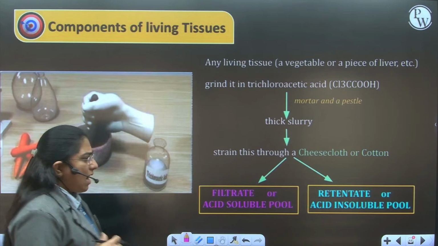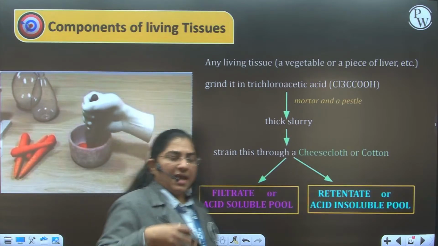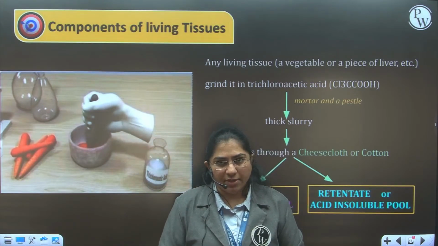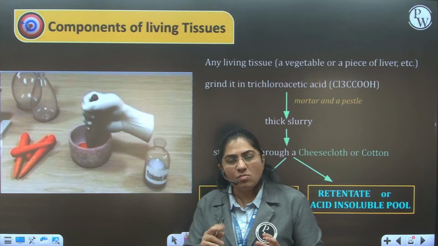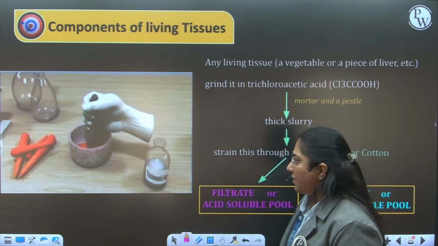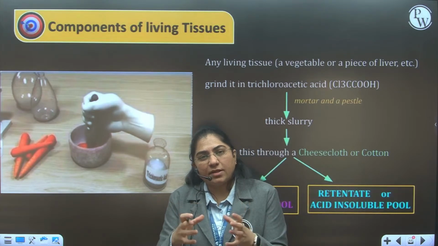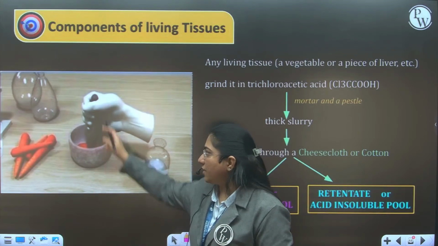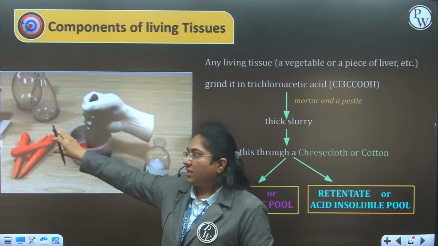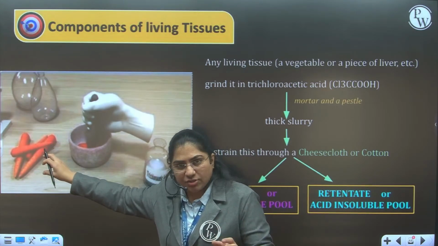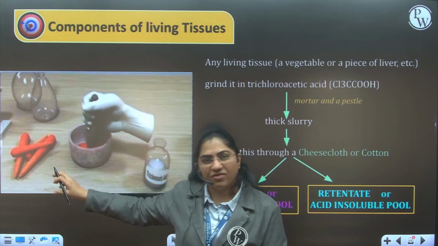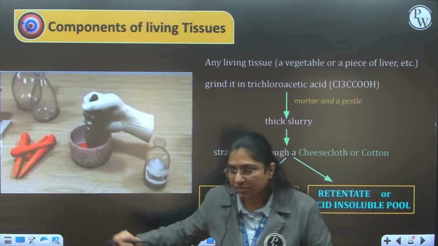Now, how do we know what organic components are present in our body? Let us do a small but interesting experiment. We are going to take a mortar and pestle, and a small piece of a vegetable or liver, because we know that every living organism has the same components.